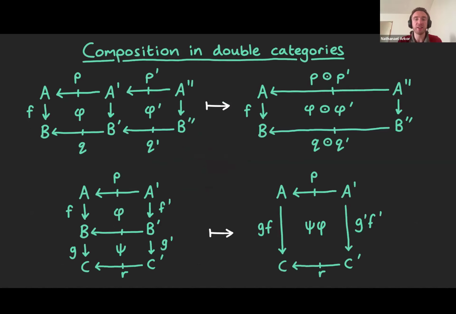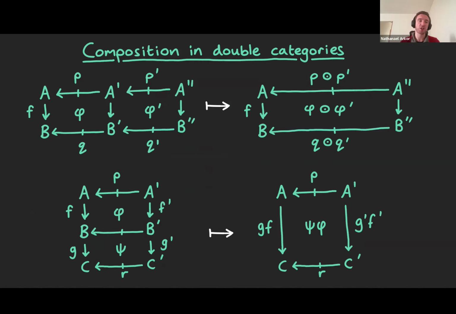And the idea is in a double category, we can compose in the loose direction or the tight direction. So I can compose these squares horizontally or vertically. The difference is when I compose vertically, this notion of composition is strictly associative and unital, as associative and unital as composition in a category.